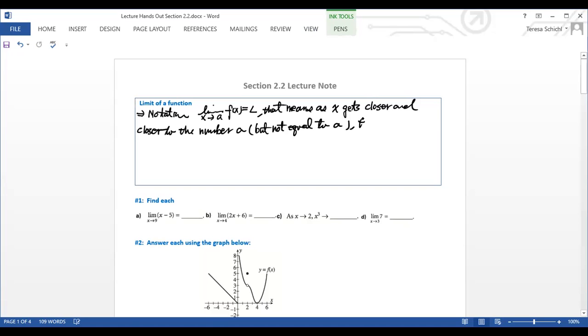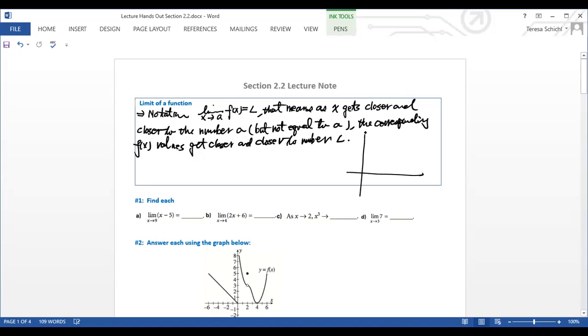Then the corresponding f of x values get closer and closer to the number L.